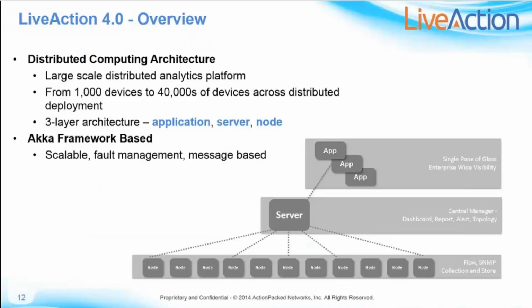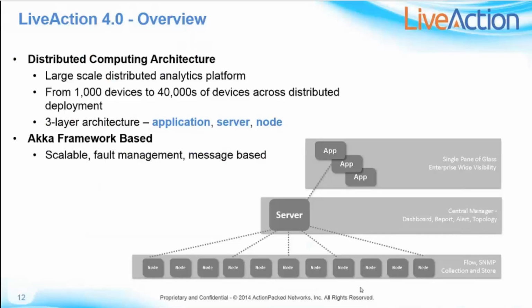So it is a three-layer architecture of an application that actually runs and connects to the server, and the server handles the dashboard, the reporting, the alerts, the topology, and drawing the map, and then underneath that are the nodes themselves or collectors that do the flow, SNMP collection, and storing of all the information coming from the Cisco devices or other devices. So it has now become a distributed architecture.